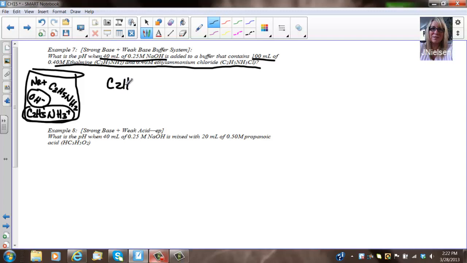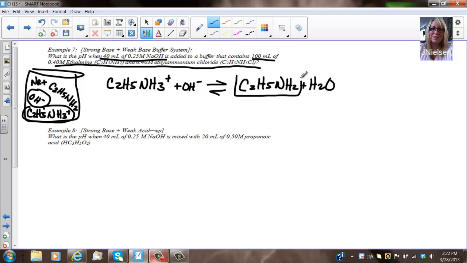So again, your base is going to mix with your weak acid and form the ethylamine. So we've got C2H5NH3 plus OH minus yielding C2H5NH2 and water. Couple of things going on here. I can find the Kb for this.